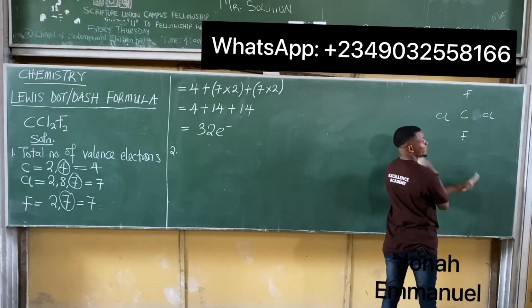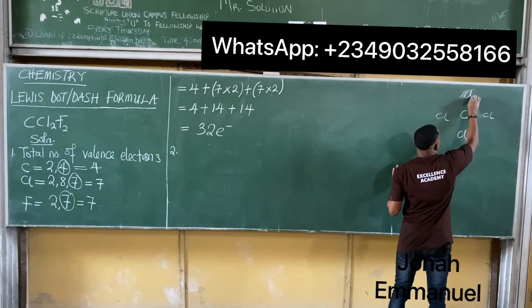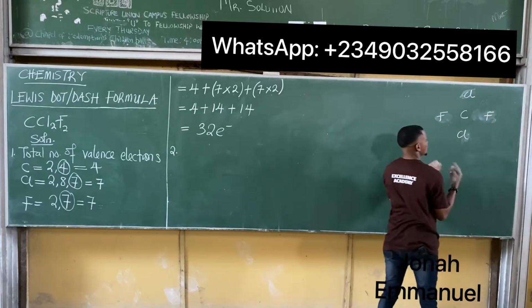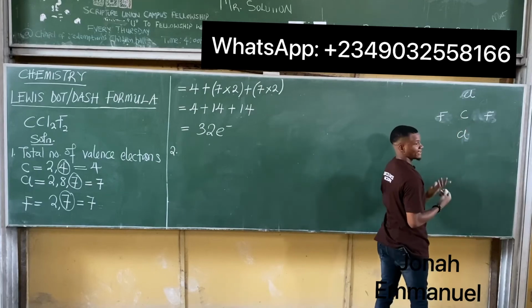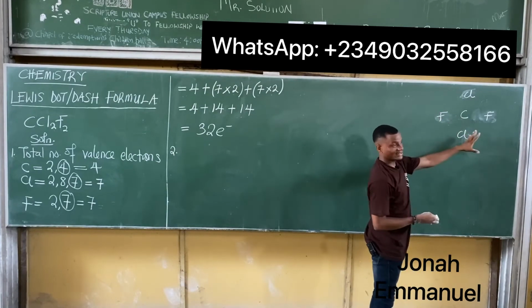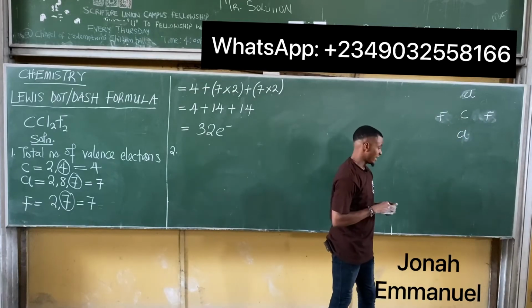Or perhaps you can swap the positions. For whichever case, you know that carbon should be at the center. Most of you should sketch this first, so it gives you an idea of how you're drawing your diagram.